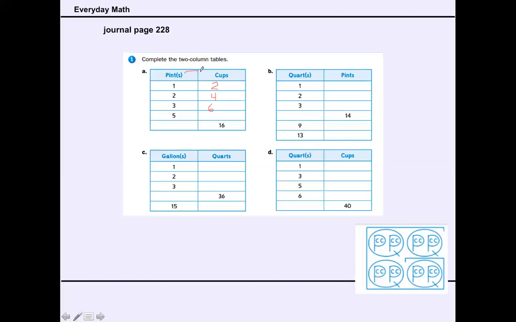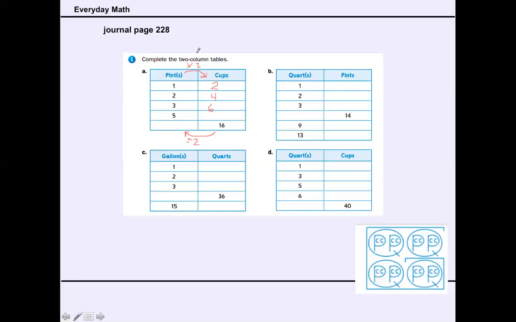I'm starting to see a pattern. I'm seeing that when I go from pints to cups, I can multiply by 2. And we know that when we're converting, if we're going one way and multiplying, to go back the other way, from cups to pints, we're going to do the opposite of multiplication, which is division. That's a terrible division sign, and we're going to divide by 2, okay?